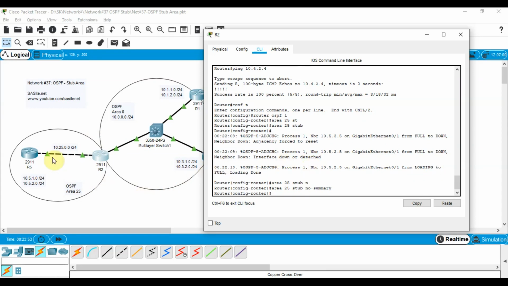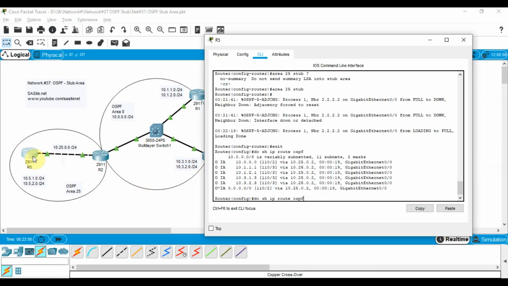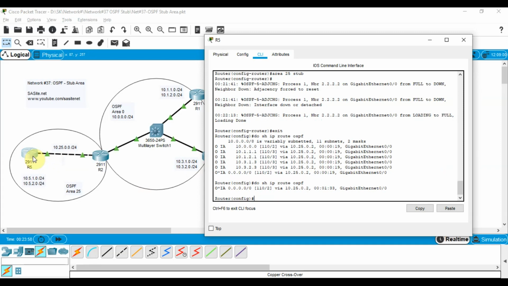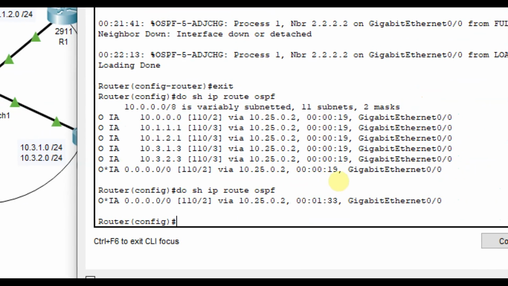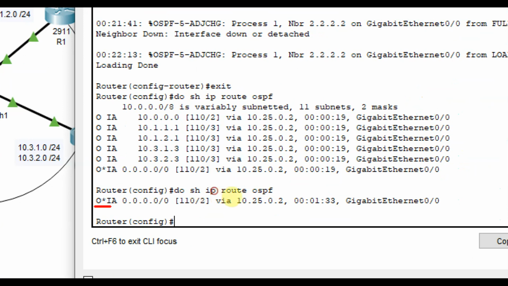So as you can see here, if we go back to R5 and use the up arrow key, now our routing table size is reduced to only one default route. If you want to reach any inter-area route, you just go to 10.25.0.2, which is the IP address of R2.